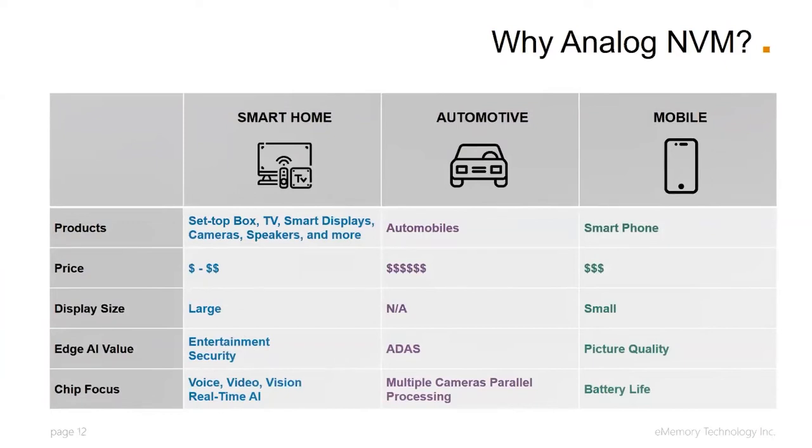Real-time AI feedback is the fundamental function for this market. About automotive, ADAS, Advanced Driver Assistance System, must use multiple camera parallel processing to increase safe driving performance from level 2 to level 4 to realize true autopilot.